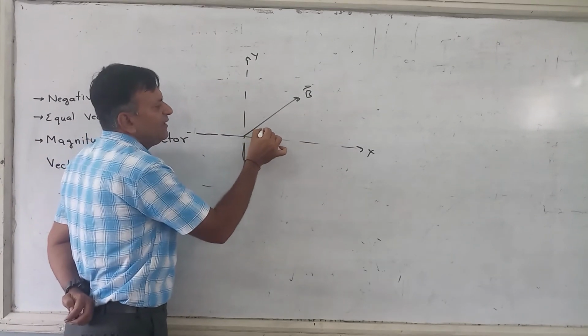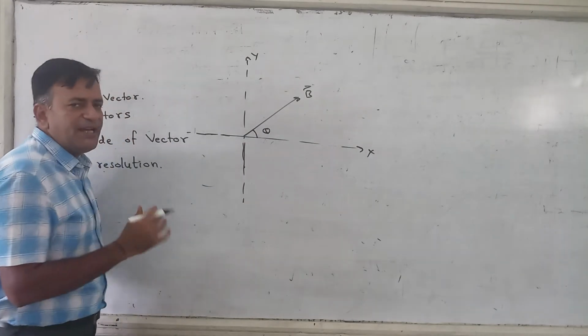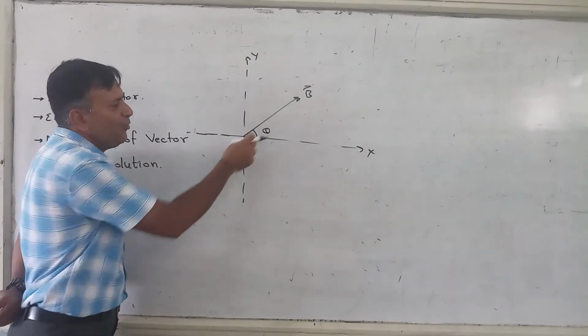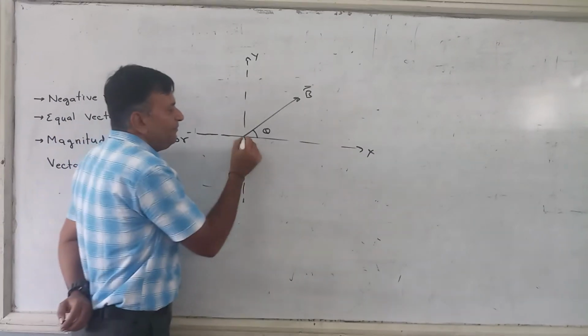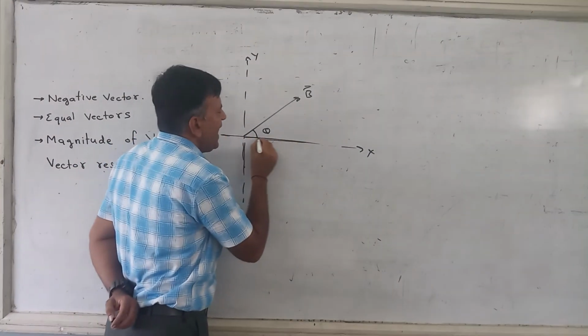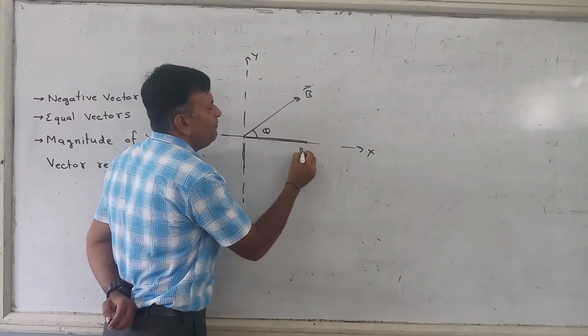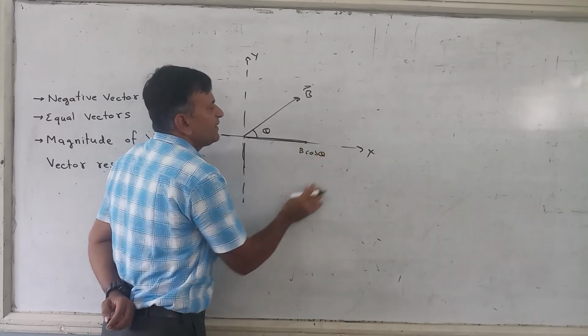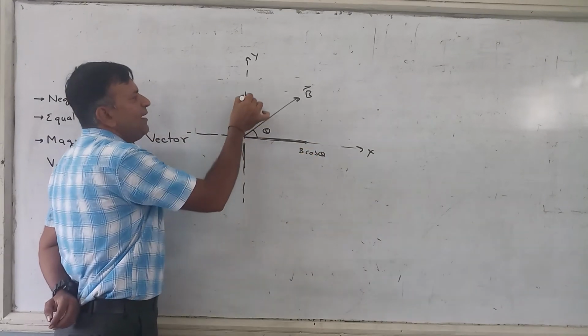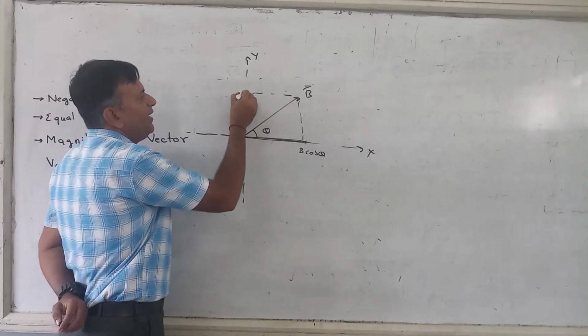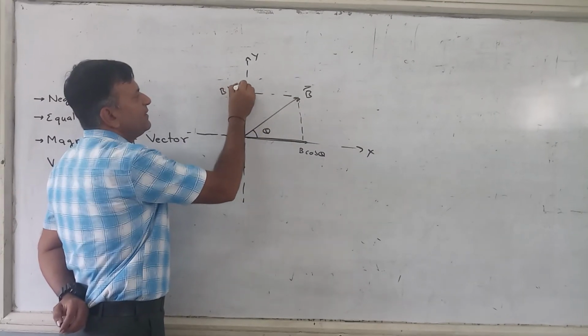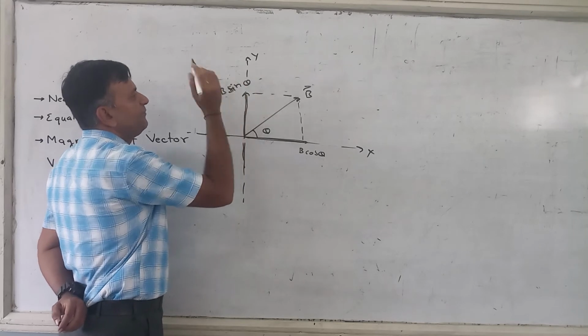If this angle is theta, you can resolve this vector B only if you are given this angle. Okay, remember, this x component will be B cos theta, and this component will become B sin theta.